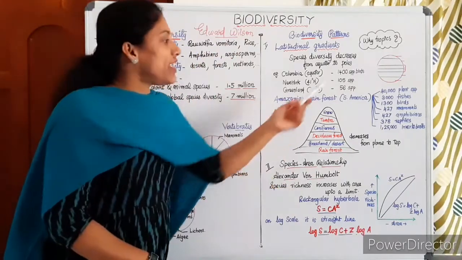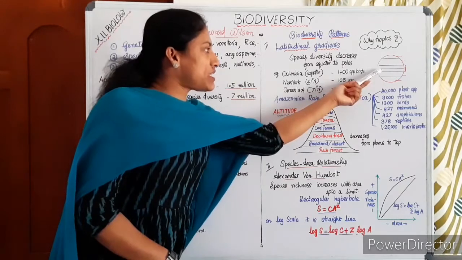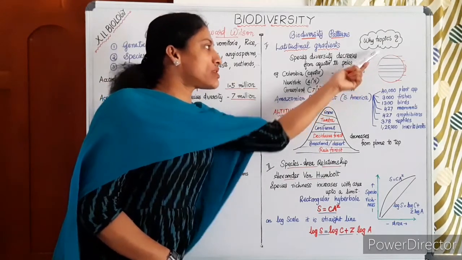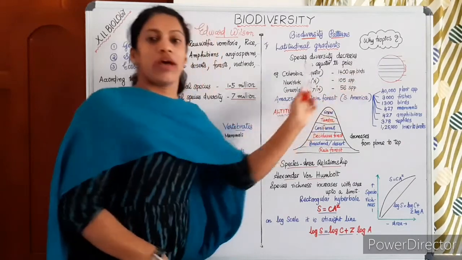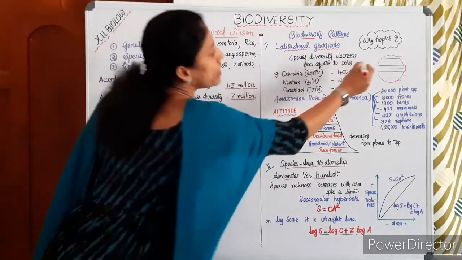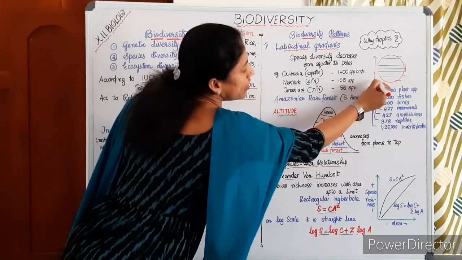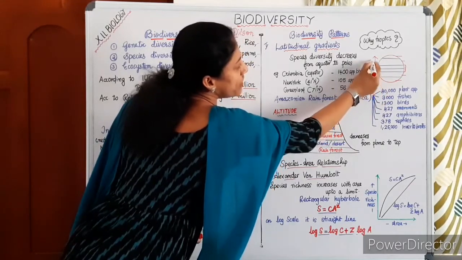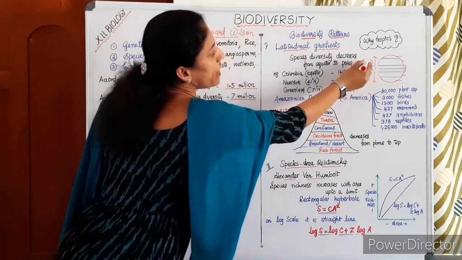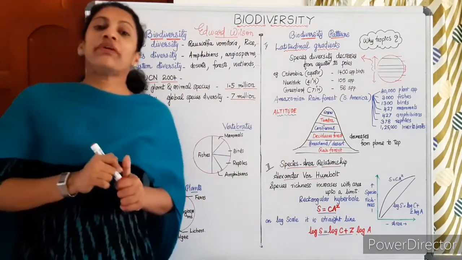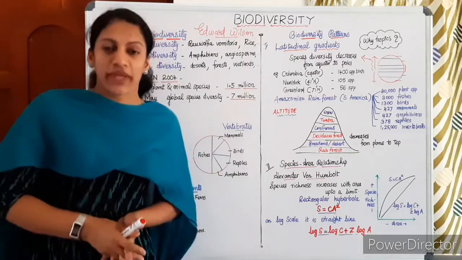So understand, the biodiversity decreases when we move from the tropics to the poles. The maximum diversity is seen in the tropics.